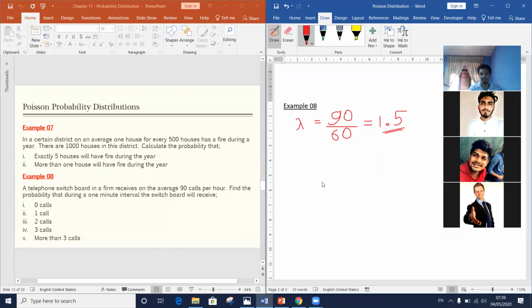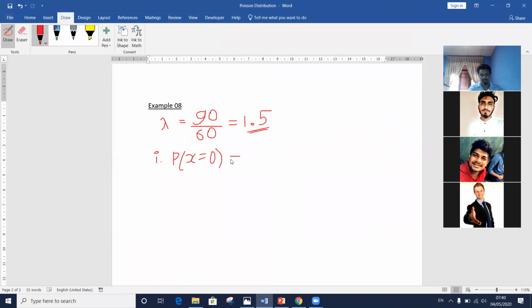Right? Lambda value is 1.5. Now it is easy, right? Part 1. Probability of x being equal to 0. This is what we need to find. X being equal to 0. It means e to the power minus lambda.